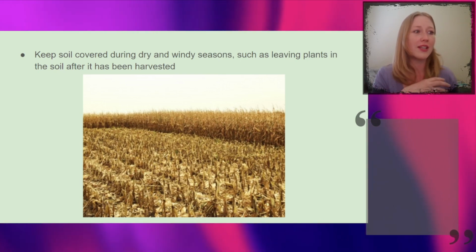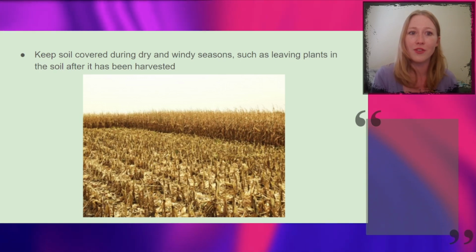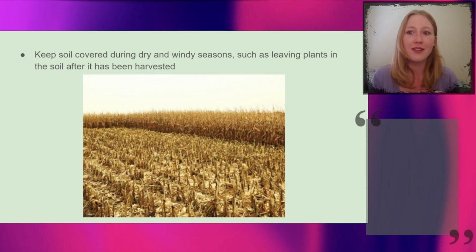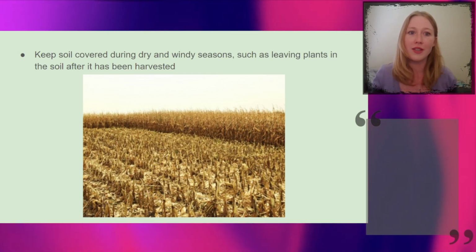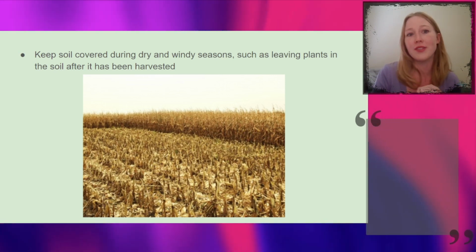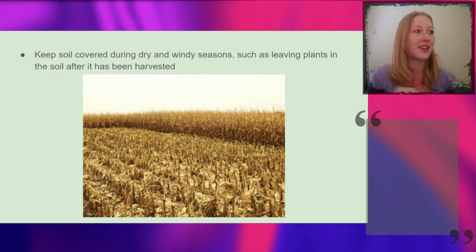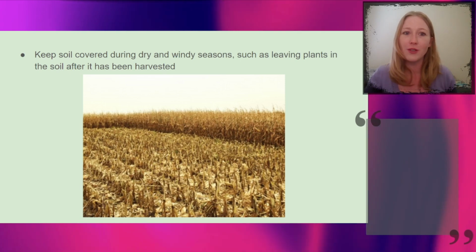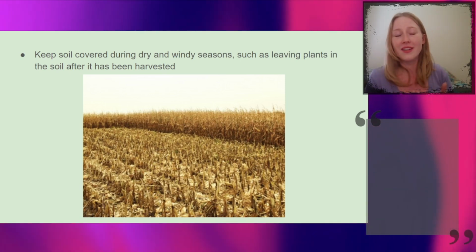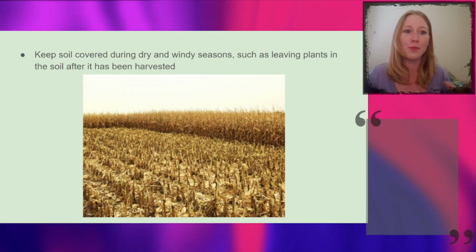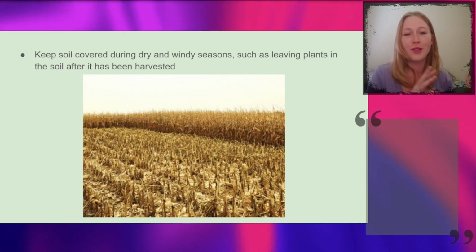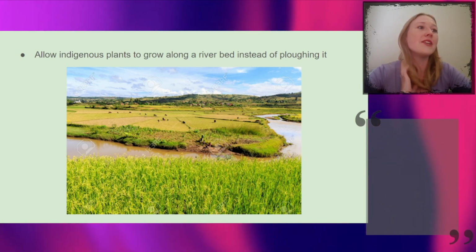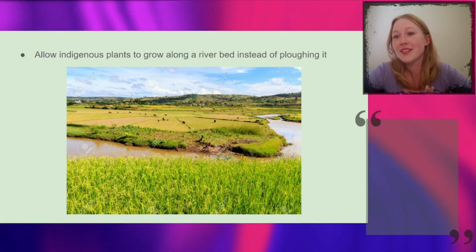So they're not leaving the soil exposed, even if they're done with the crop. What's left behind is just acting like a ground cover until they're ready to plant something else. And now that I'm aware of it, I see it so much more. I wonder, why does that massive field look dead? And now I see that it's actually just serving the purpose of protecting the soil until they're ready to plant something else. Okay, leaving some indigenous plants.